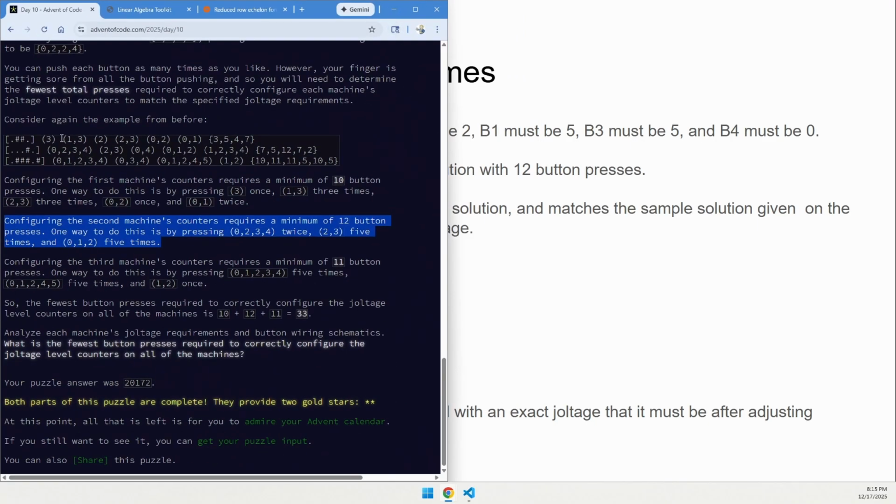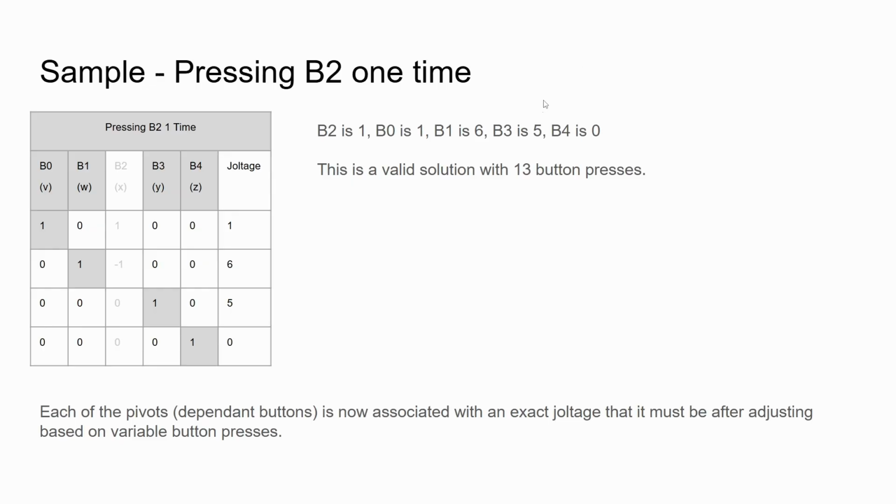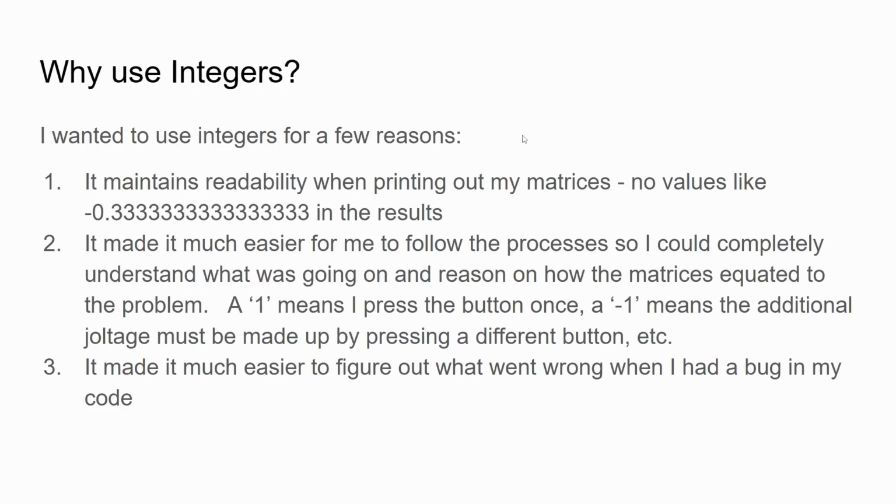Press button 1 5 times. That's what I have. And press button 3 5 times. That's what I have. And 4 and 2 are 0. So that matches.